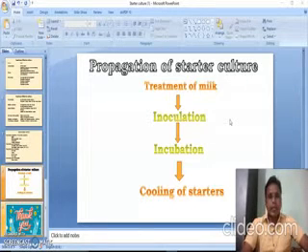To obtain a starter culture of the above quality, the inoculation is carried out under aseptic conditions.